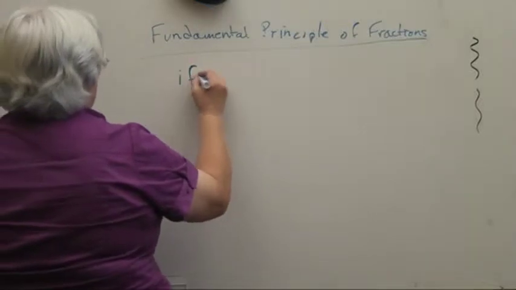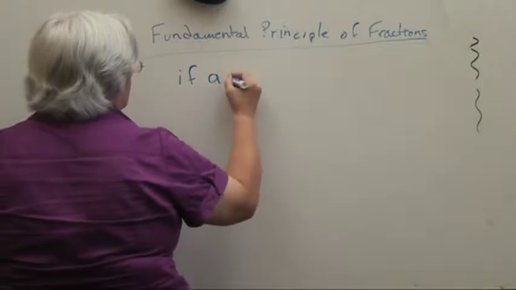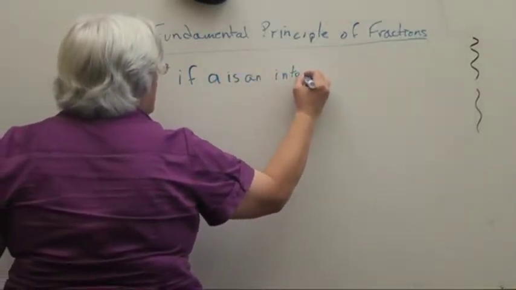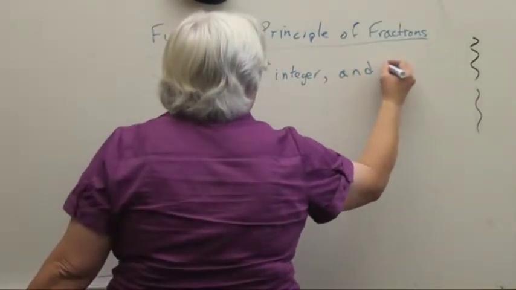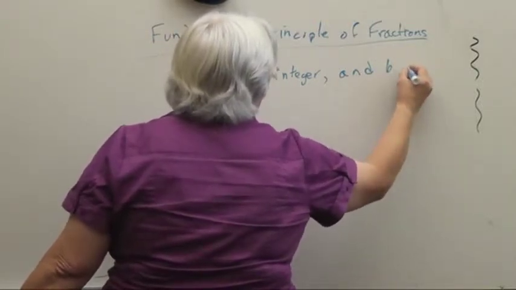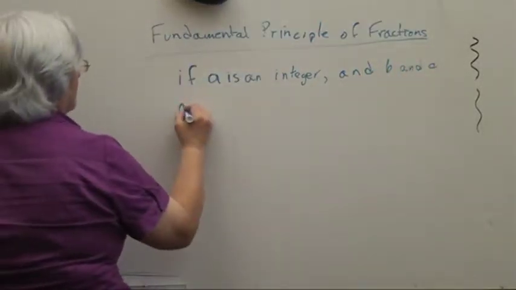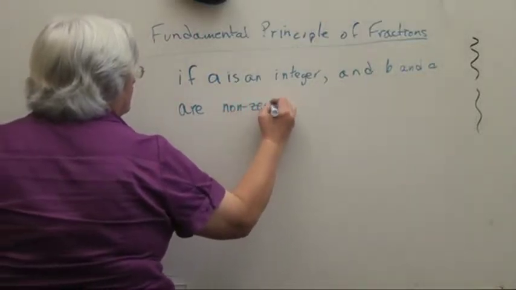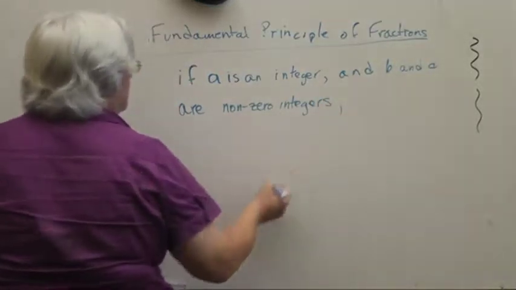We say that if A is an integer, and B and C are non-zero integers, they're different from 0, then this statement that I'm about to write is true.